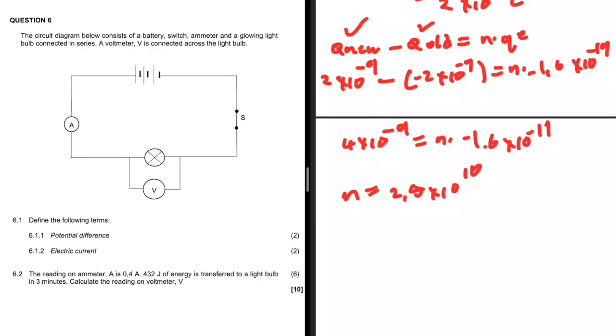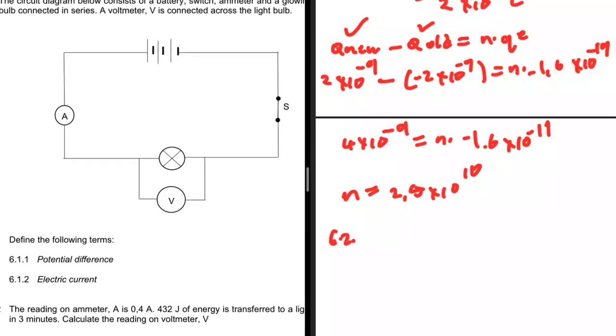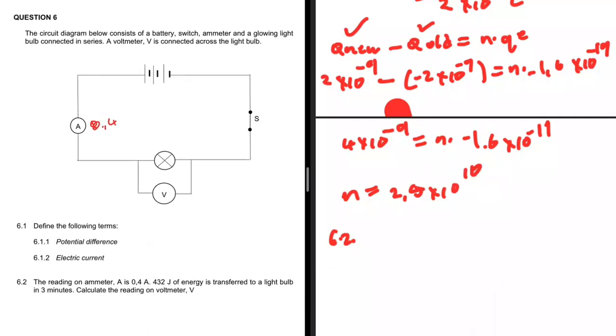Let's take a look at 6.2. The reading on ammeter A is 0.4 ampere. And 432 joules of energy is transferred to a light bulb in 3 minutes.